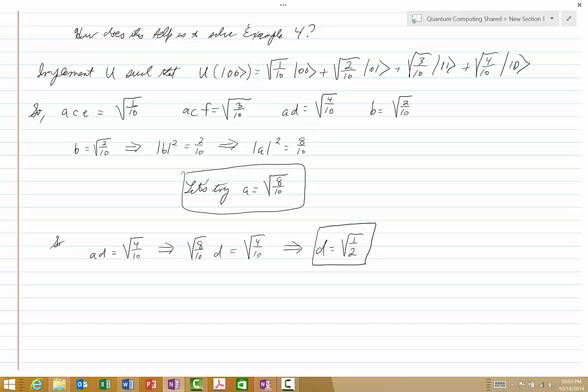So now we have A is square root of 8/10, D is square root of 1/2.